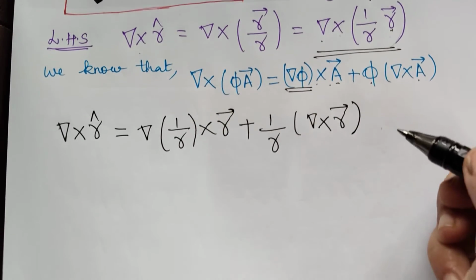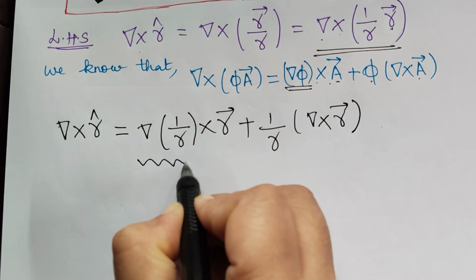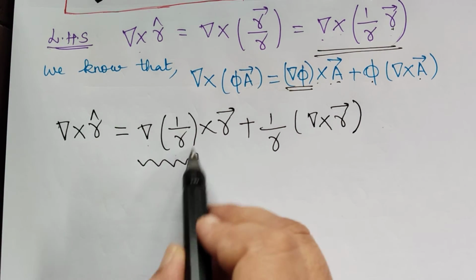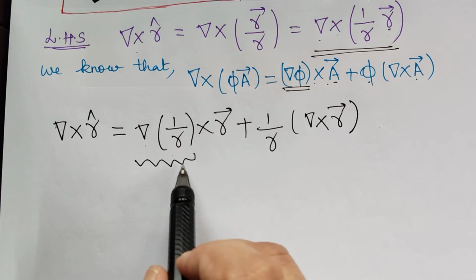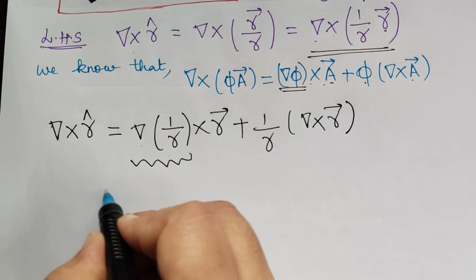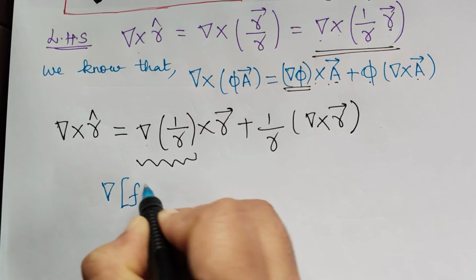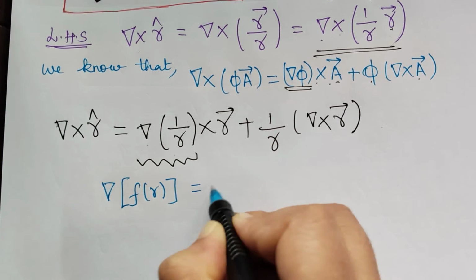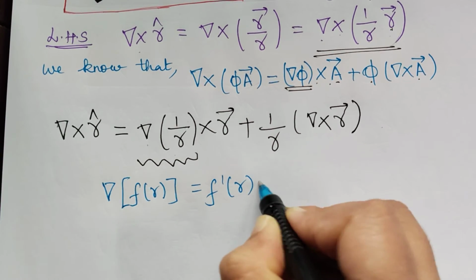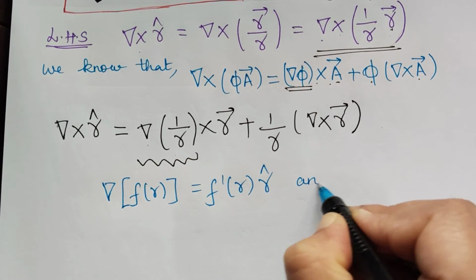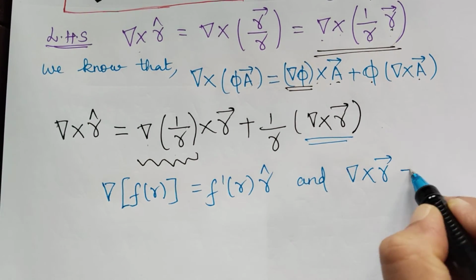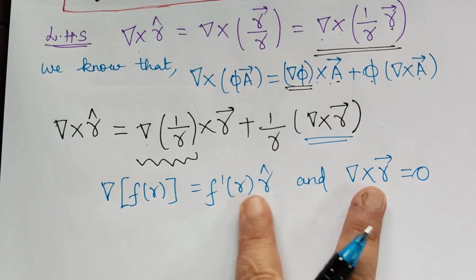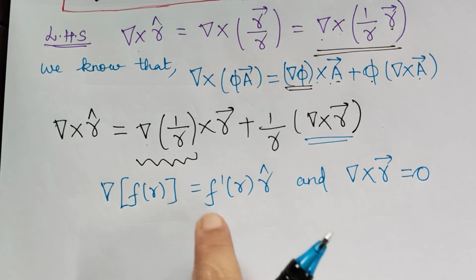Now here again we are going to make use of another result, that is ∇f(r). This is like f(r). So what do we know about ∇f(r)? We know that ∇f(r) is equal to f'(r) multiplied with r cap. And also we know that ∇ × r vector is equal to 0. So these two identities we are going to make use of over here now.